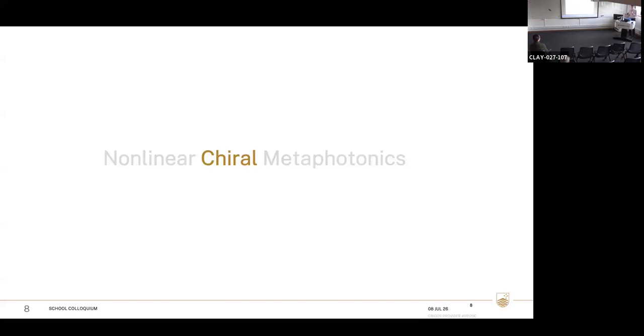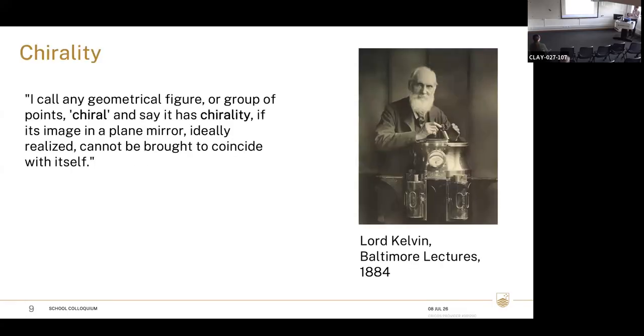So next we'll talk about chiral. What does chiral mean? The actual chirality was introduced by Lord Kelvin. This is a direct quotation: I call any geometrical figure or group of points chiral, and say that it has chirality, if its image in a plane mirror, ideally realized, cannot be brought to coincide with itself.